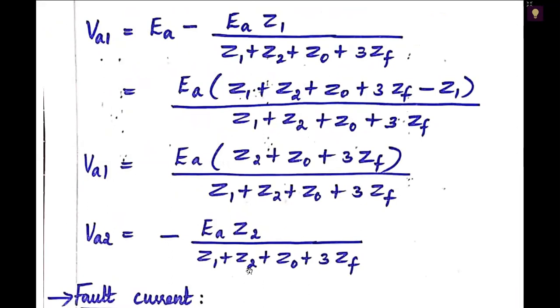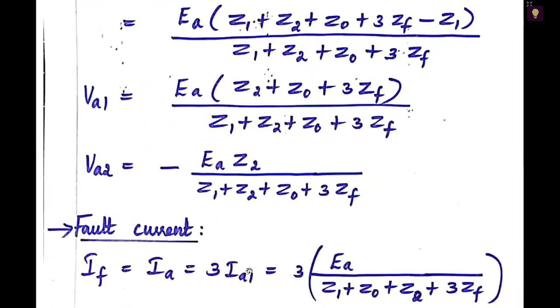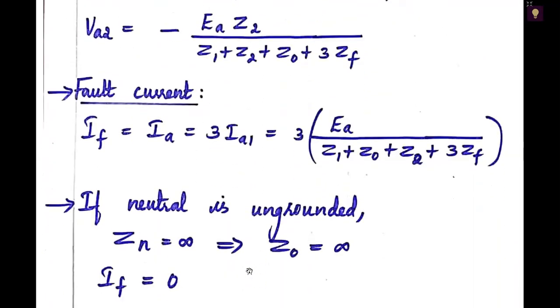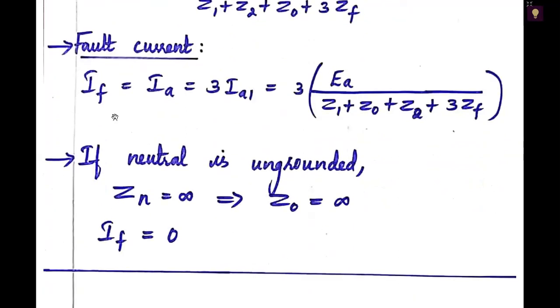After getting the expressions for the sequence components of voltages, write down the expression for fault current. From equation 1, we have seen that IF is IA, which is equal to 3IA1. Substitute for IA1 and you will get the expression for fault current.